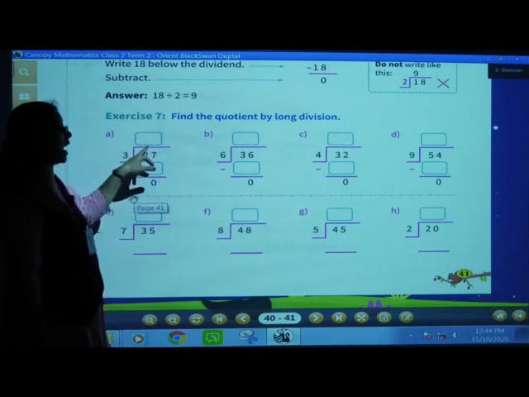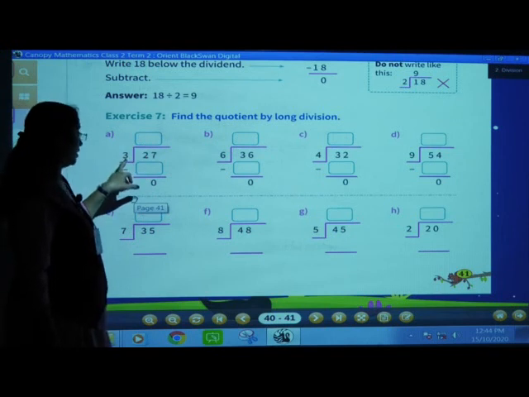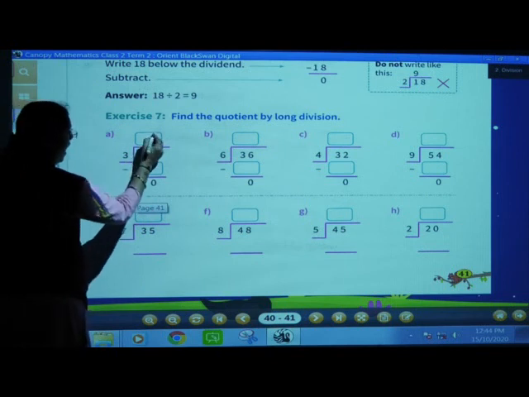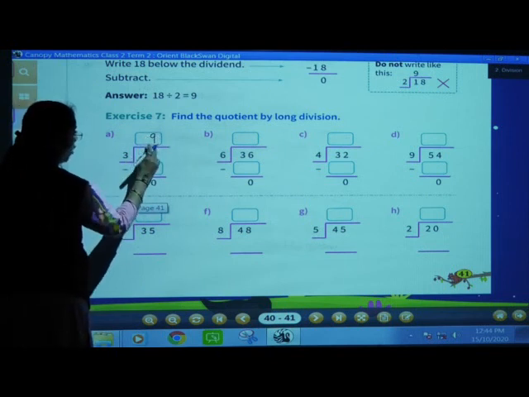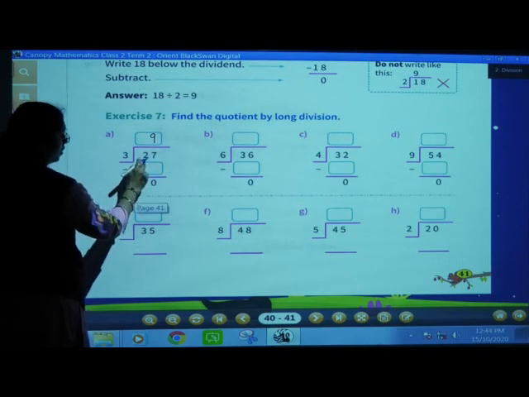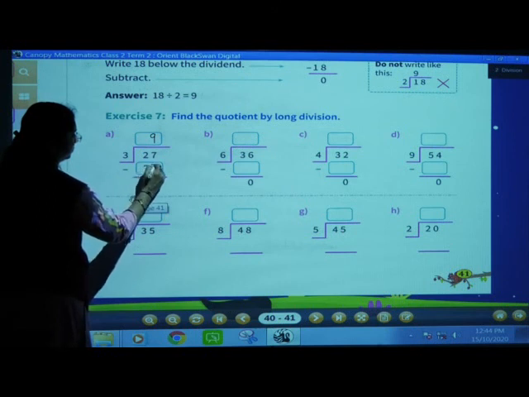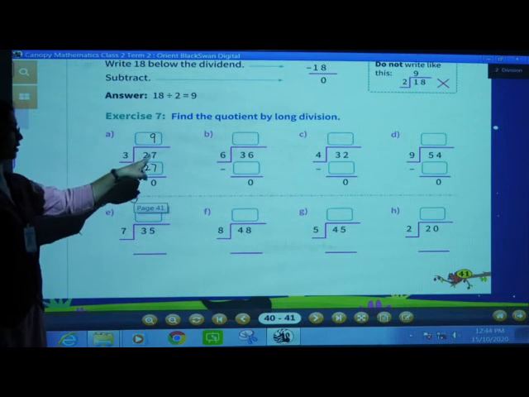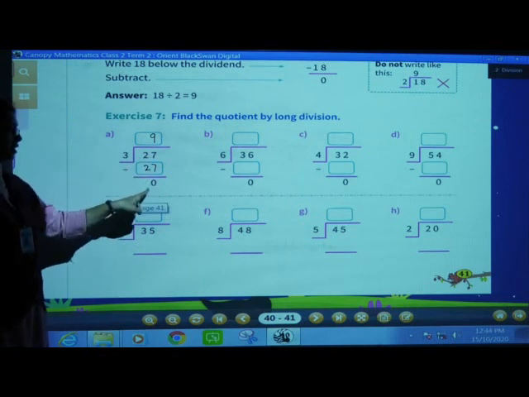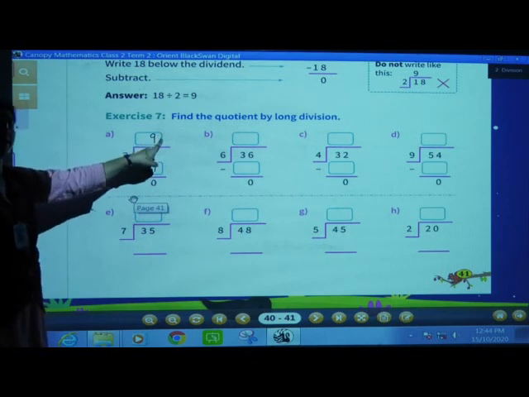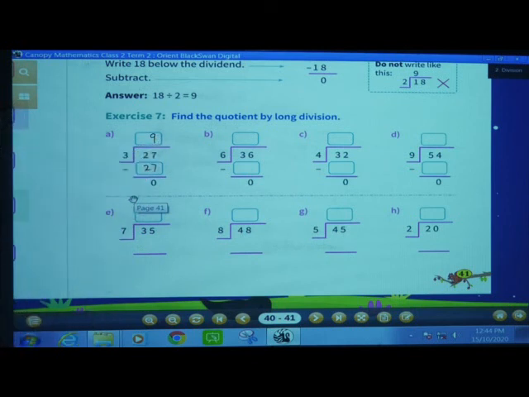Means 9 times 3 is equal to 27. Therefore, we will write 9 in the ones column and 27 below this 27. Then we subtract 27 minus 27 is equal to 0. Means what is the quotient? 9 is the quotient.